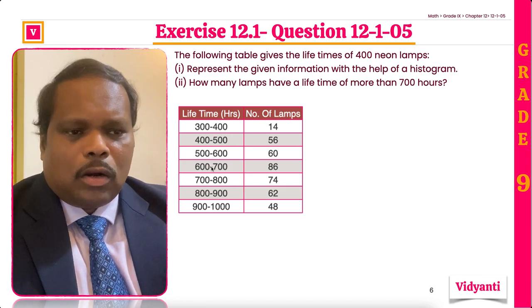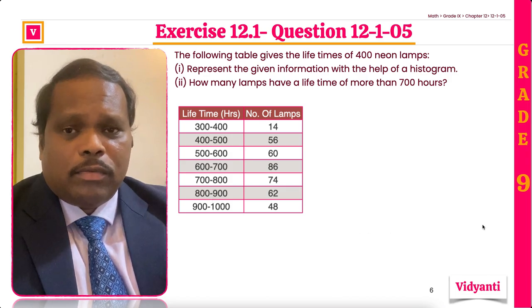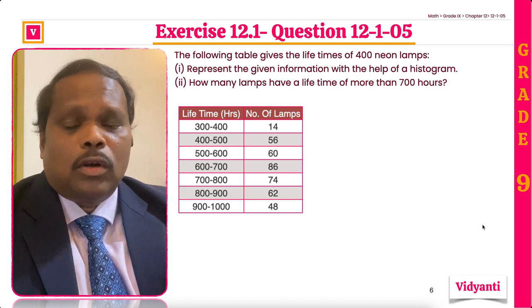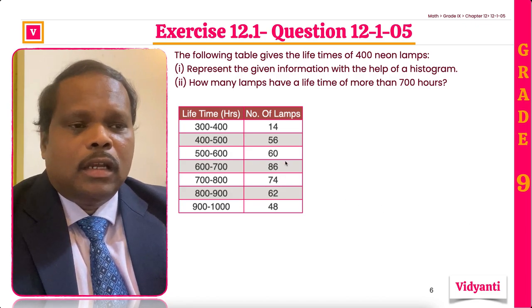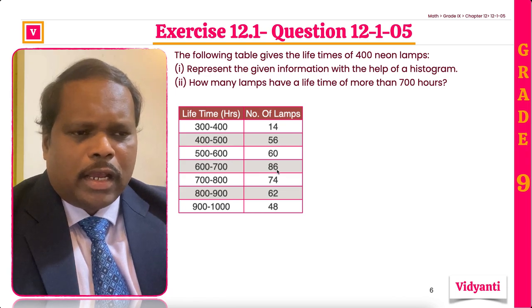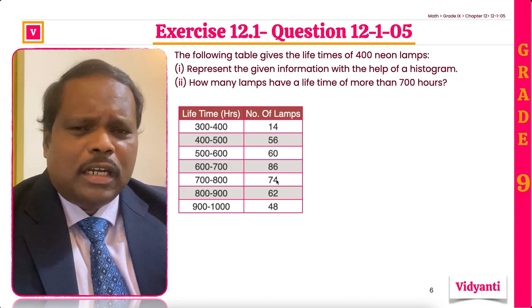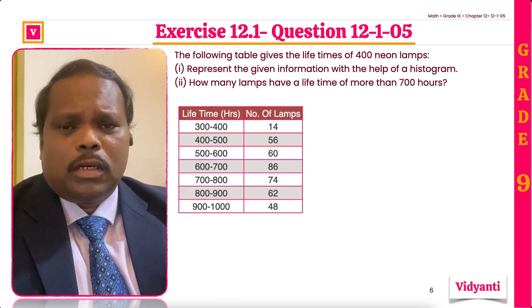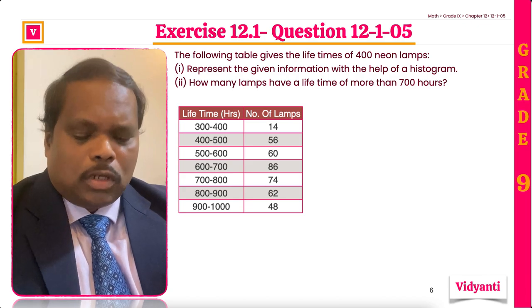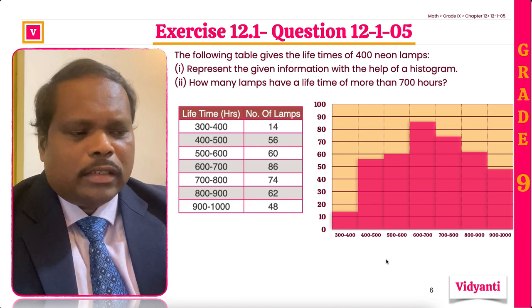Since there are altogether 7 categories, if you have 14 squares on the graph paper, you can go for 2 centimeters equal to 1 category. On the y-axis, the numbers go as high as 86. So I will mark up to, let's say, 90, or let's make it a round number, 100. So let's see whether this graph will look like this one.